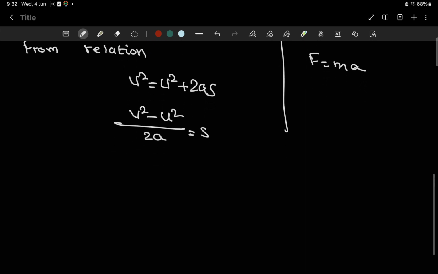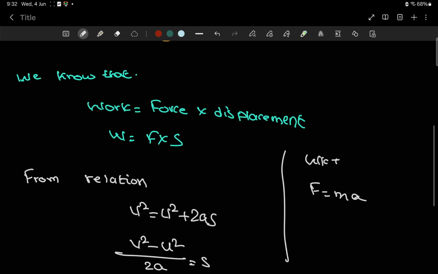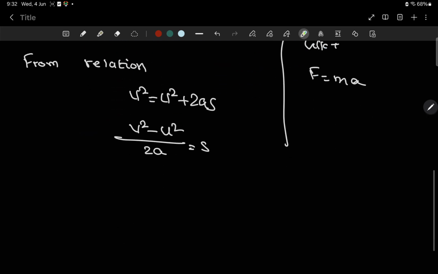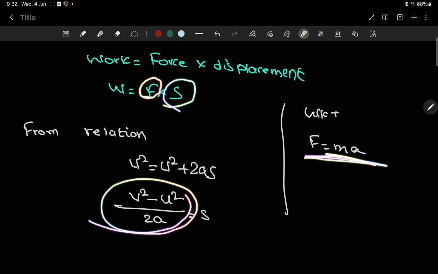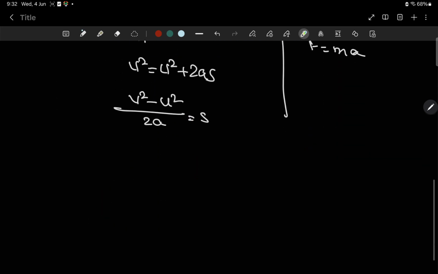So we have written the work equation, work is equal to force into displacement. Now in this we are going to substitute the value of force as MA and the value of S as V square minus U square by 2A.